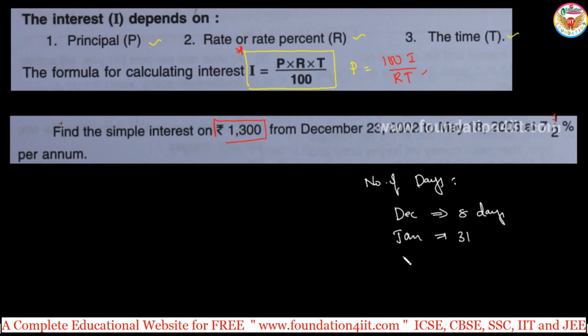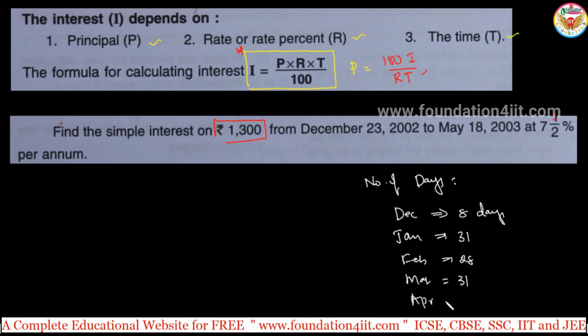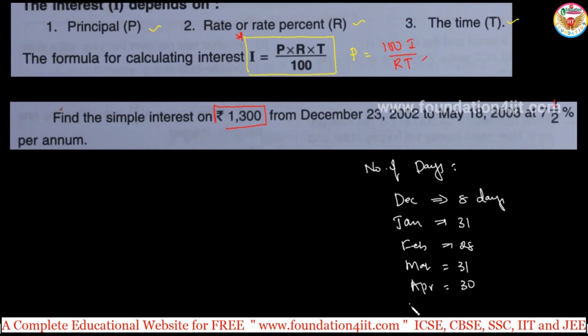January is 31. Again February, next year is 2003, not a leap year, so 28. Again March 31, April 30 days, and then the month of May, till 18th.